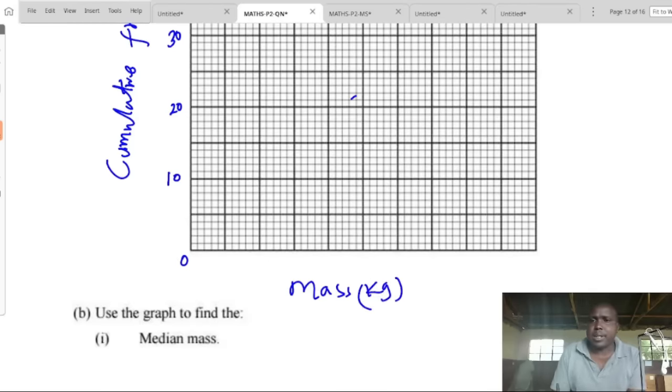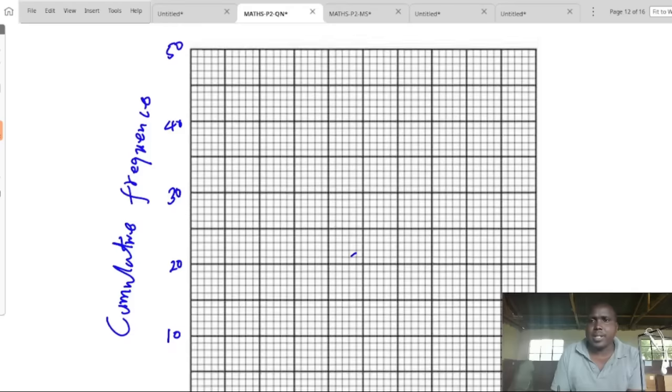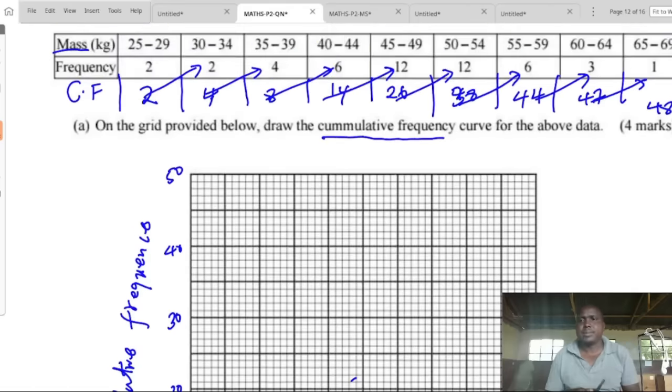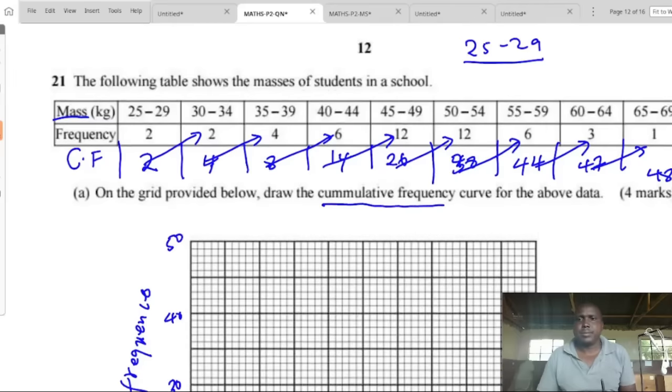Now remember, we go back to our class. Our class is 25 to 29. In each class, we are going to use the upper boundary. The upper boundary here is 29. The upper boundary here is 34. The upper boundary here is 39, 44, 49, 54, 59, like that. So you come here.